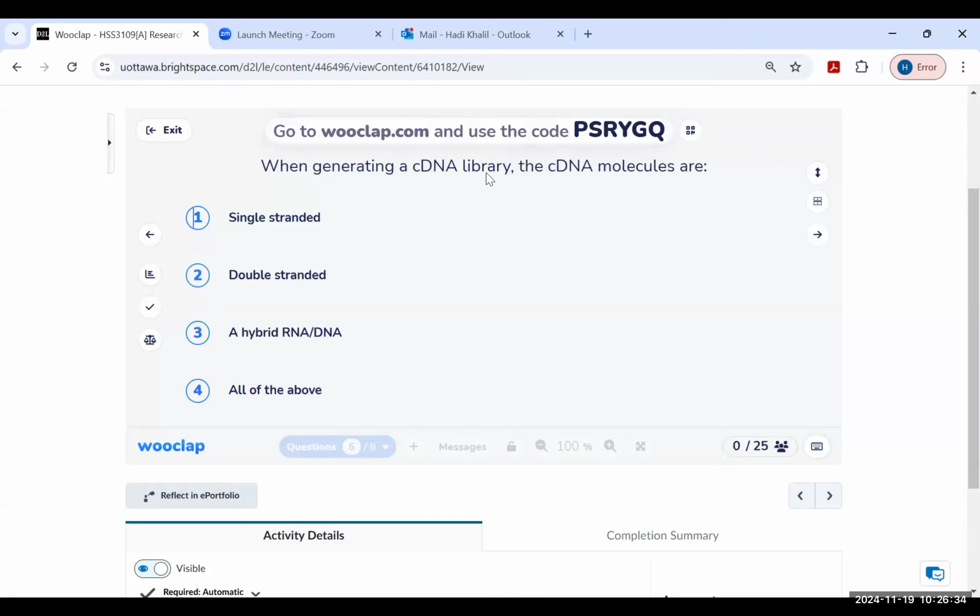When generating a cDNA library, the cDNA molecules are single-stranded, double-stranded, hybrid RNA-DNA molecules, or all of the above. So recall the cDNA library, where it comes from, and what is it?